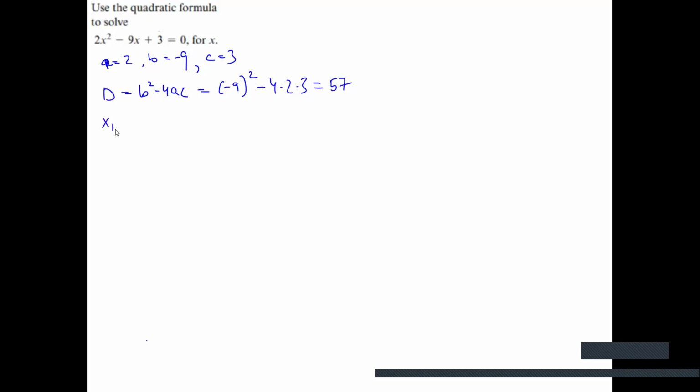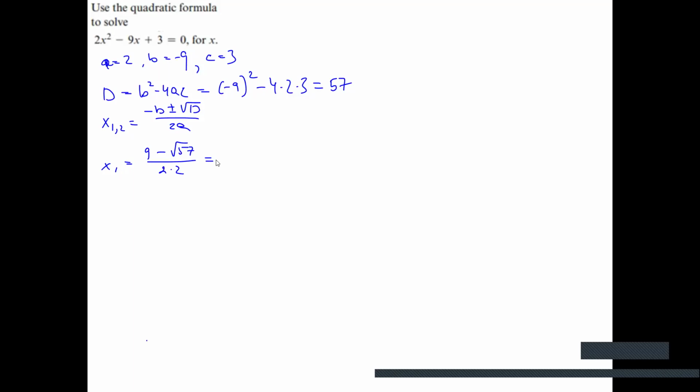So x1,2 is minus b plus minus root from d over 2a. So x1 is minus b, which is 9, minus root of 57 divided by 2 times 2. So let's do it. 9 minus root of 57.